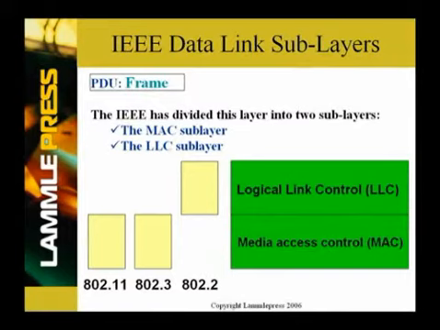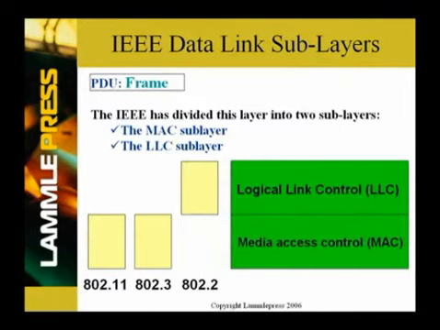Unlike any of the other layers, we actually have sublayers at the data link layer. Let's take a look at them. The sublayers of the IEEE data link layer are Logical Link Control and Media Access Control. Media Access Control tells us how we can take packets from the network layer and place them on the local network. For example, we can use Ethernet or we can use wireless.